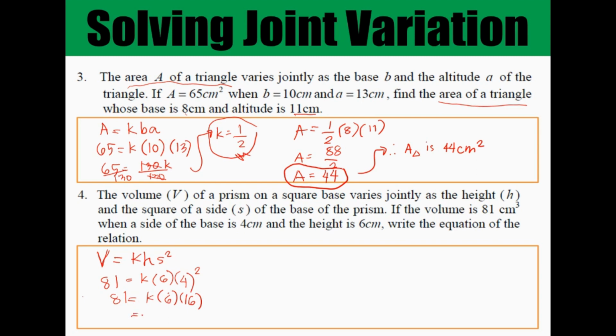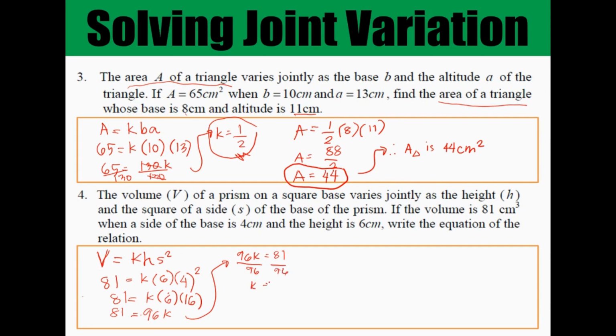Multiply muna natin yung 16 and 6. 96K equals 81. So, divide both sides by 96.